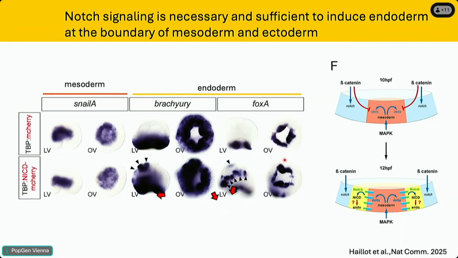And this would be explaining that you first define this mesodermal plate, and then this expresses delta, while everywhere else is notch. And then at the boundary, it can start interacting with notch, so that you get delta notch signaling happening, defining this endodermal layer here.